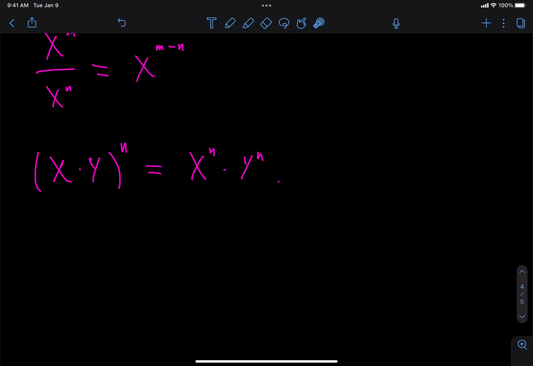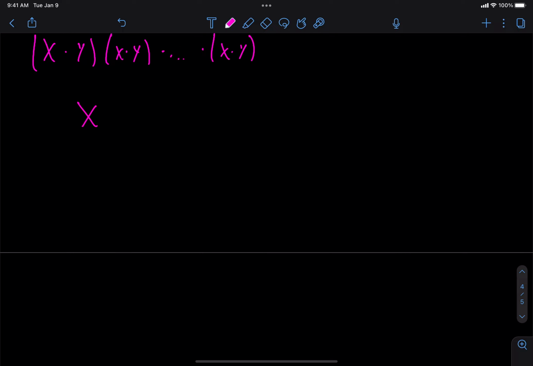It's a bit of a misnomer to say this, but if it helps you to think about it, we're distributing. Which is definitely a misnomer, but what would we get if we wrote it out? It's not hard to see. You'd get x times y times x times y times dot dot dot times x times y, right? Count up all the x's. How many do we have? N. Count up all the y's. How many do we have? N. That's how we get this.